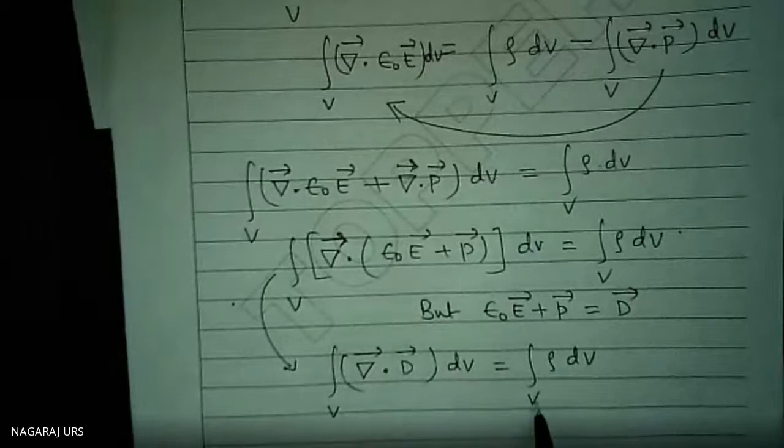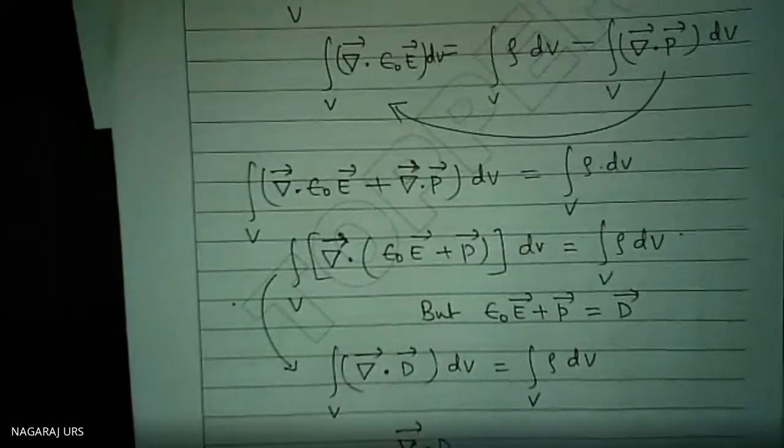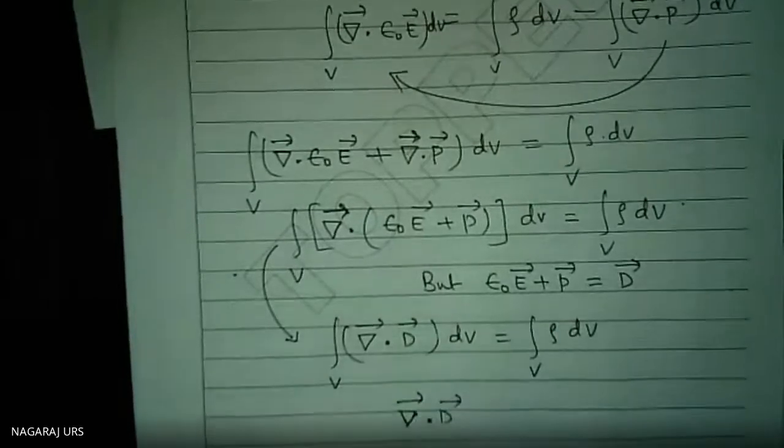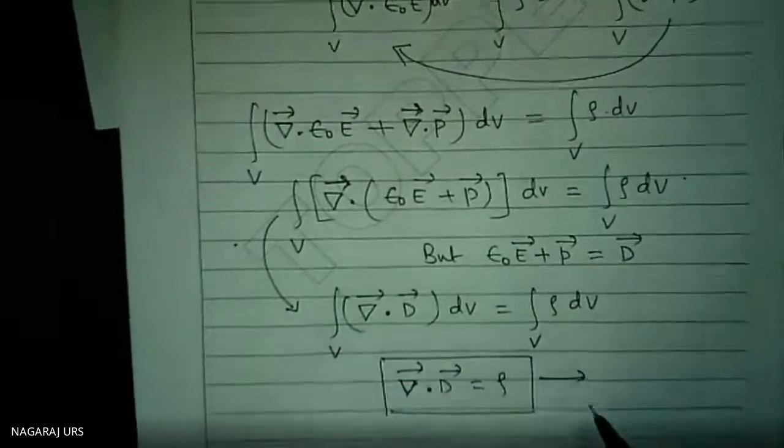Here volume, integration, dV, you remove all those concepts. Then the remaining here, del dot D. Del dot D is equal to rho. This is called by the name first Maxwell's field equation.